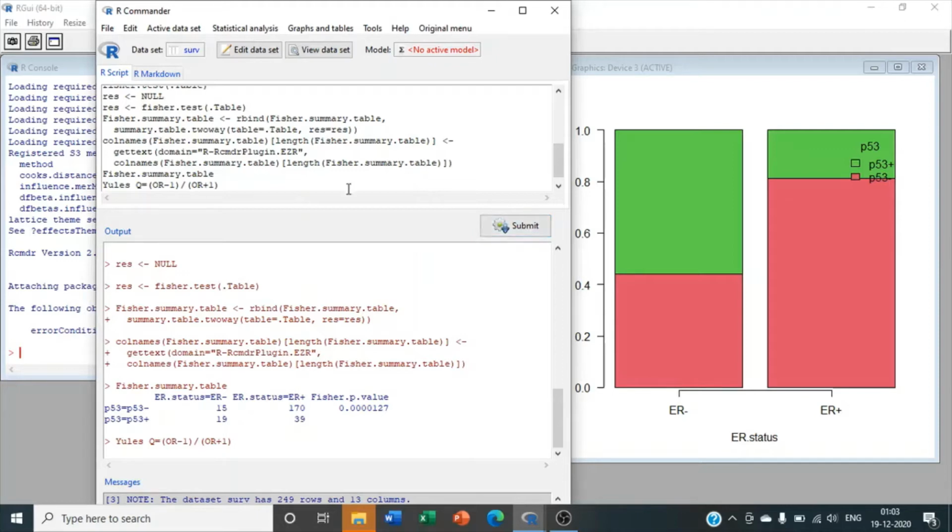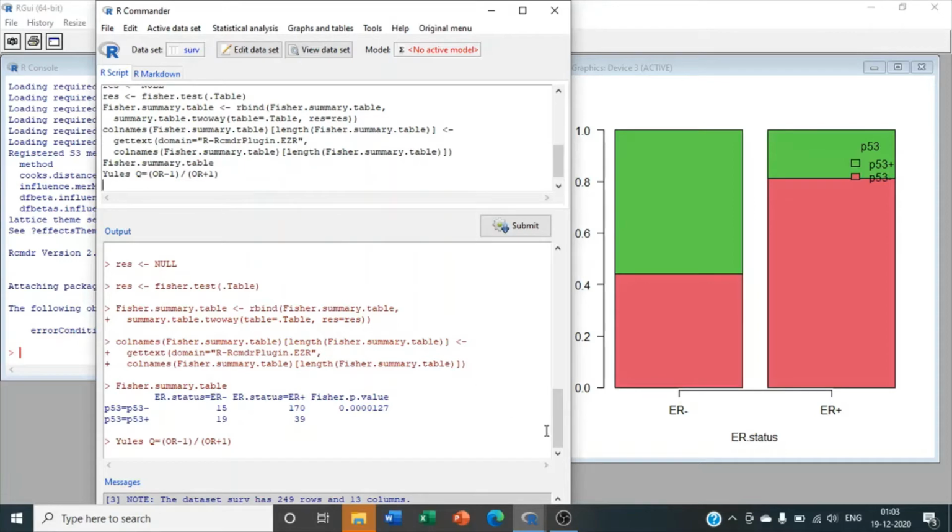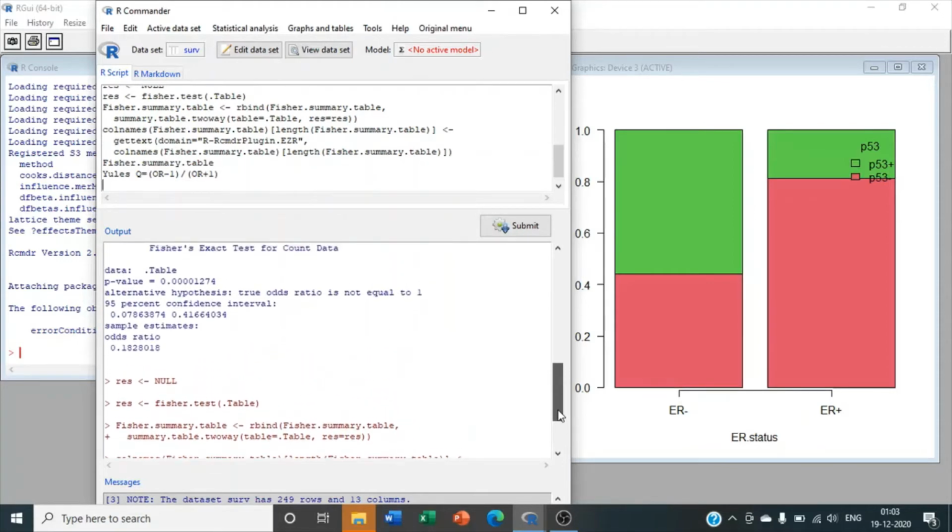Let us see what the Yule's Q is in this case. Over here, the odds ratio we got was around 0.1828018. Let us just do the calculation and find the Yule's Q over here. Odds ratio minus 1, that is 0.1828018 minus 1, divided by odds ratio plus 1.